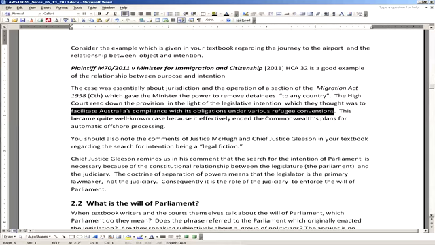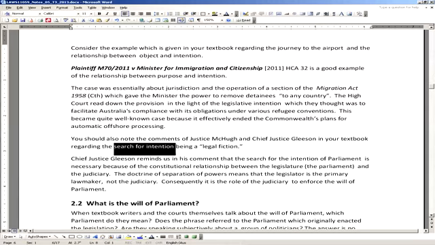Justice McHugh and Chief Justice Gleeson talk about the search for intention being a legal fiction. And I think that actually relates to what we were talking about, and that relates to your question from before, Carla and John, in the sense that there's the Chief Justice of Australia and probably the second most senior judge at that time, saying this whole idea of intention is fictional.